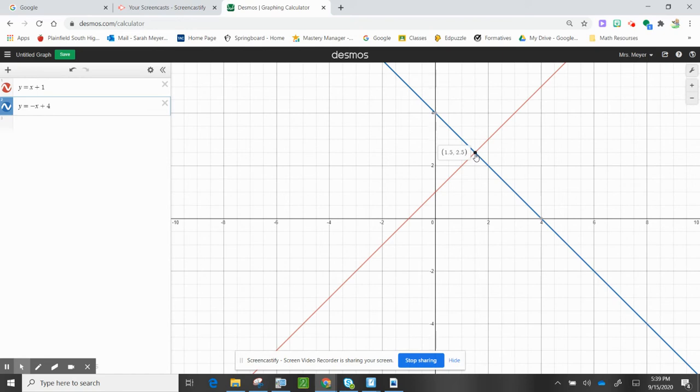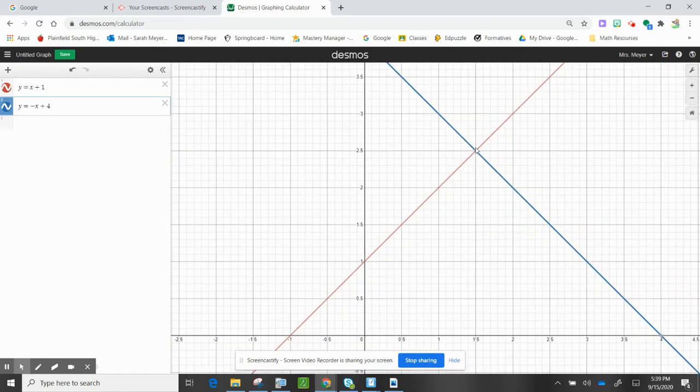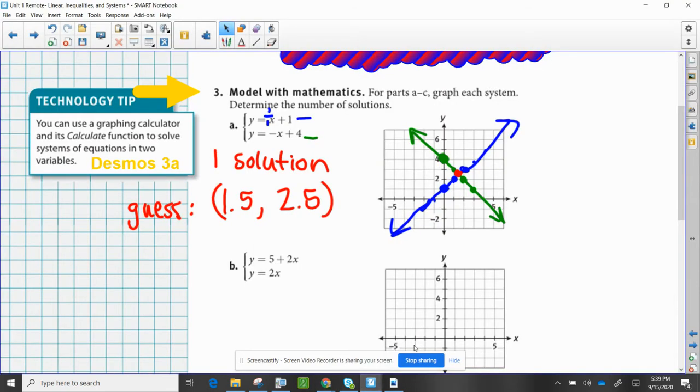It looks like my guess was pretty accurate there. I zoom in, and if you click on Desmos, you can honestly just click on the point and it'll tell you straight up what the answer was. So it looks like I had a good eye on that one.